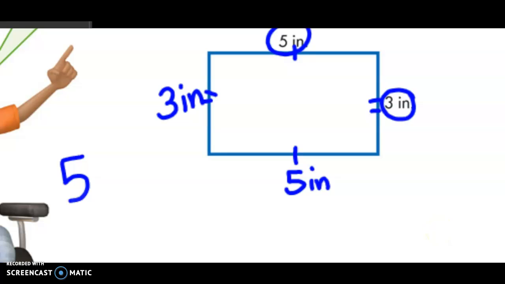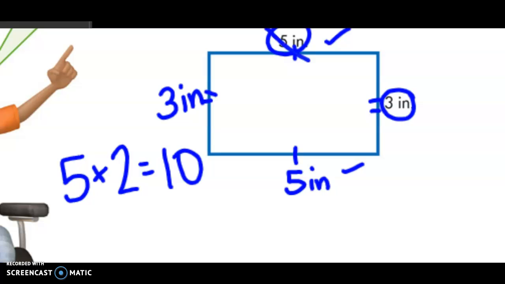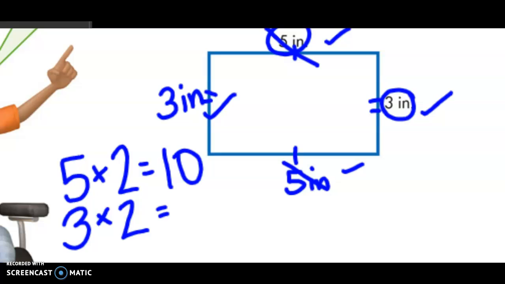I have 5 two times out there, 1 and 2. So I can think of that as 5 times 2, and then I've measured those sides. And then I see that I also have 3 two times out there, 1, 2. And I can think of that as 6. So the whole perimeter must be 16.